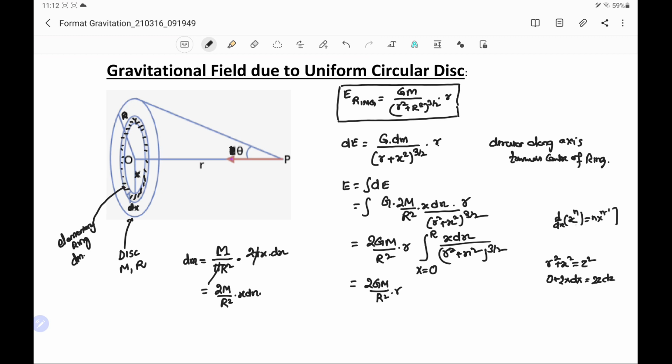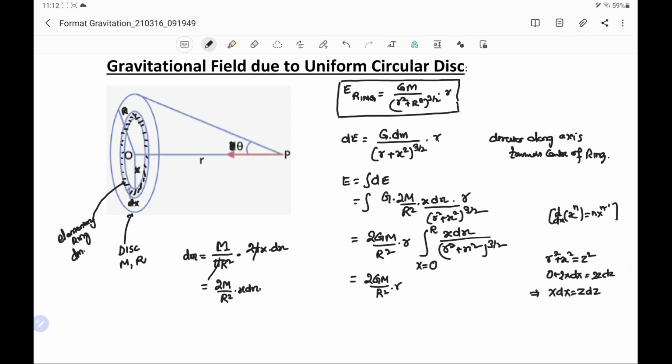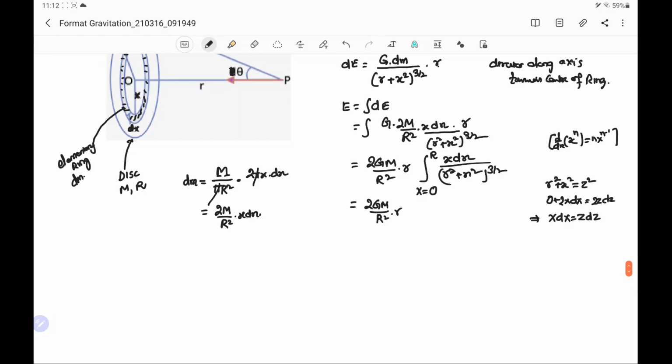This is the formula which we used. So this implies that x dx equal to z dz, and we substitute this here. So it is x equal to 0 to R. We are not changing the limit at present. Then it is z dz upon z square raised to power 3 by 2.